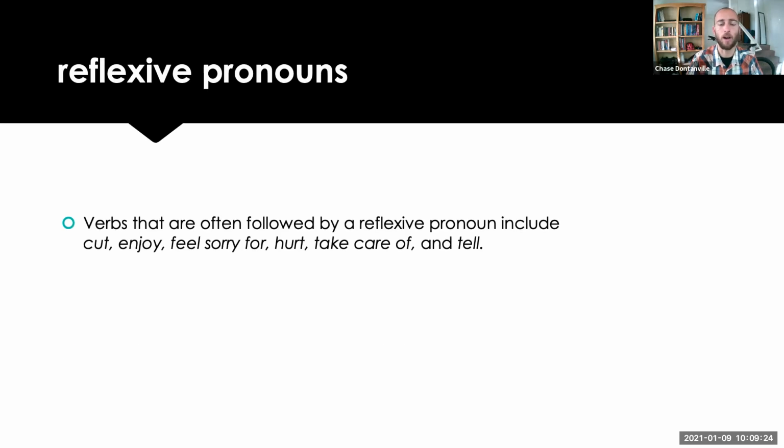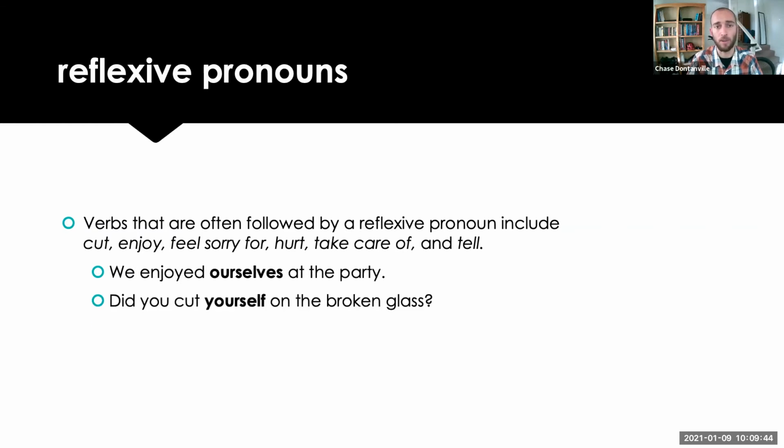These verbs are usually used with reflexive pronouns, like I cut myself, she enjoyed herself, I feel sorry for myself, they hurt themselves, she takes care of herself. We enjoyed ourselves at the party. Did you cut yourself on the broken glass? You see the subject and the object are the same person. Then we use reflexive pronouns.